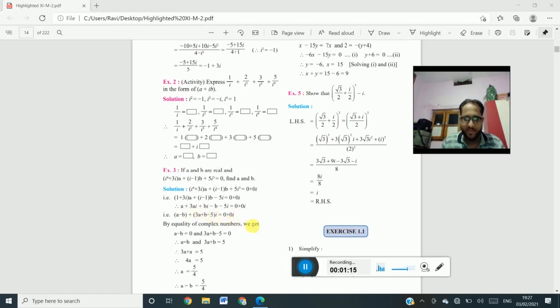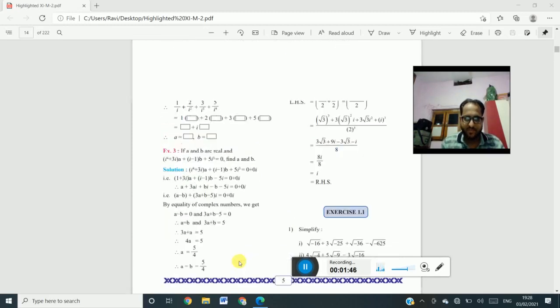Now by equating both sides, we get a minus b is equal to 0 and 3a plus b minus 5 is equal to 0, right? a minus b is 0 means a is equal to b, and 3a plus b minus 5 is equal to 0 means 3a plus b equals 5. So a is equal to b, put here, thrice a plus a is equal to 5, 4a is equal to 5 means a is equal to 5 by 4, and here a is equal to b, so a is equal to b is equal to 5 by 4.